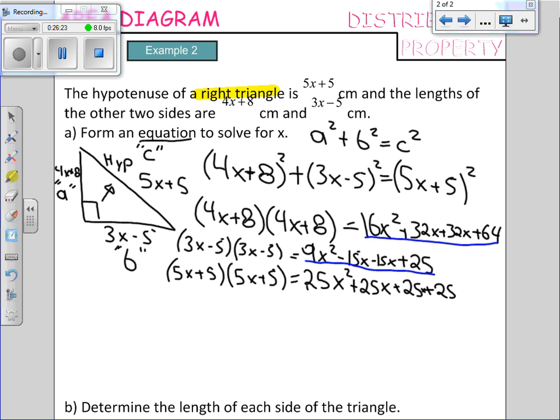That came from here plus here. How many x's are we going to have? Plus 34x. That came from 32 plus 32 minus 15 minus 15. You did your calculator, right, remember? So 32 plus 32 minus 15 minus 15 will give you 34 x's left over.